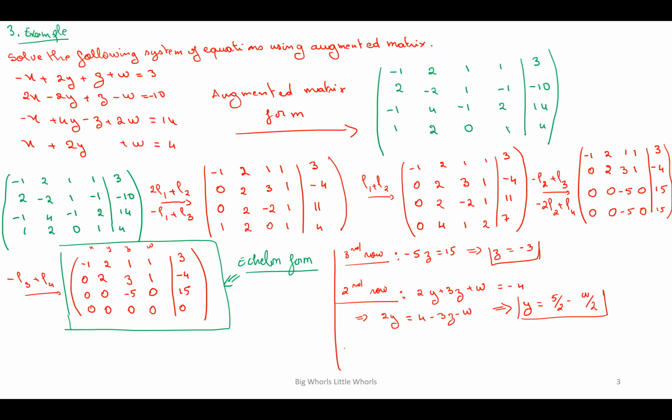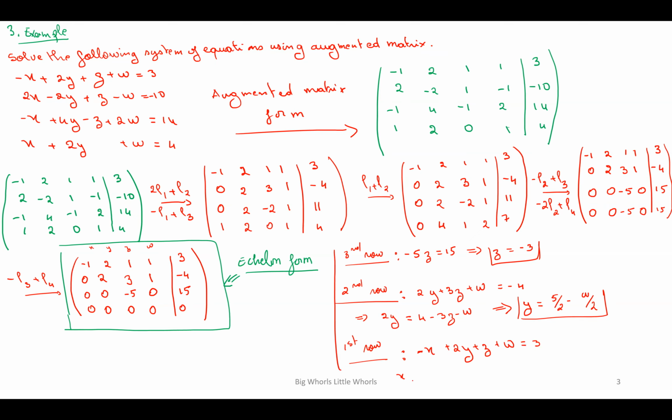And then the first row, how do we rewrite? From the first row of the matrix, we have minus x plus 2y plus z plus w equals 3.